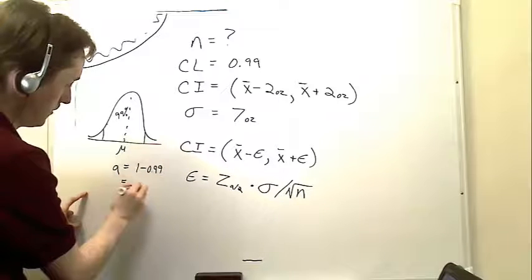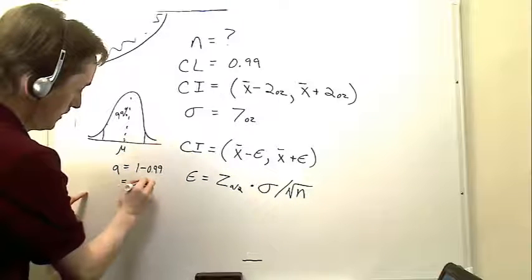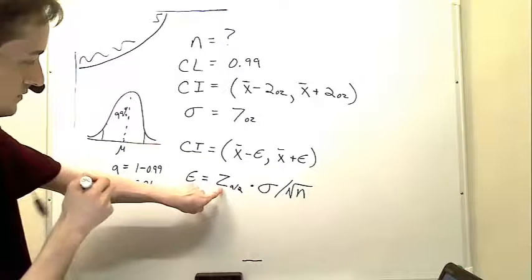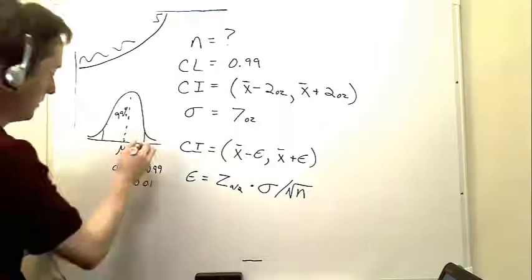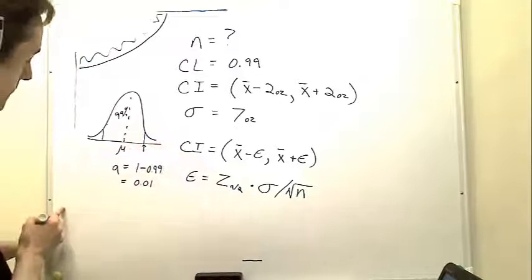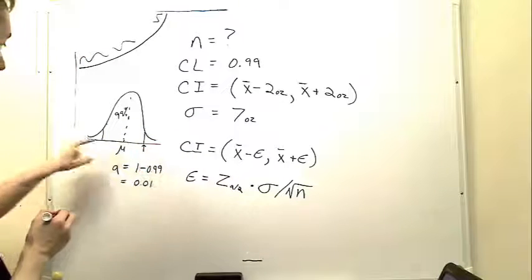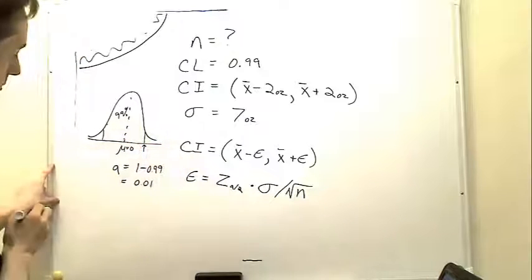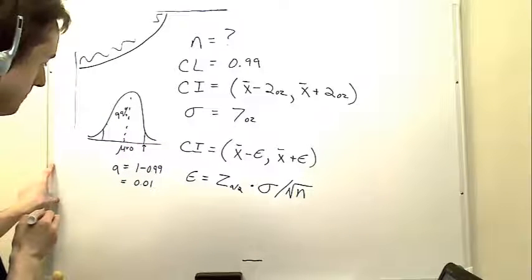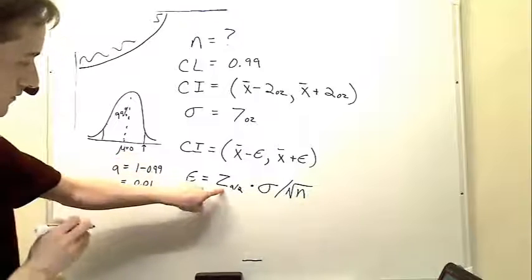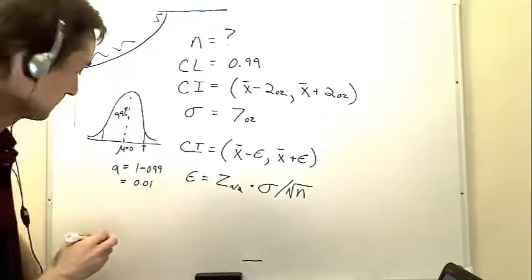So A equals 0.01. And our z sub a over 2 is going to be this spot right there. And this is a standardized normal distribution where mu equals 0 and our standard deviation equals 1. So this value for z is just our z-score.